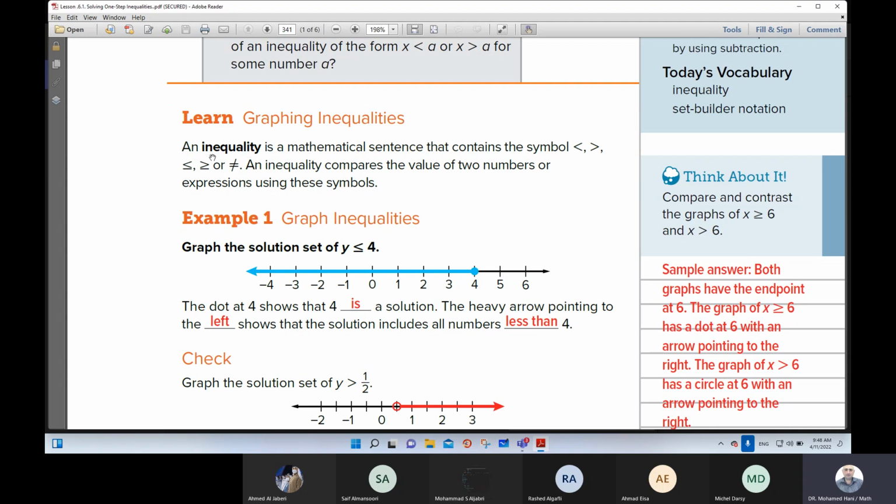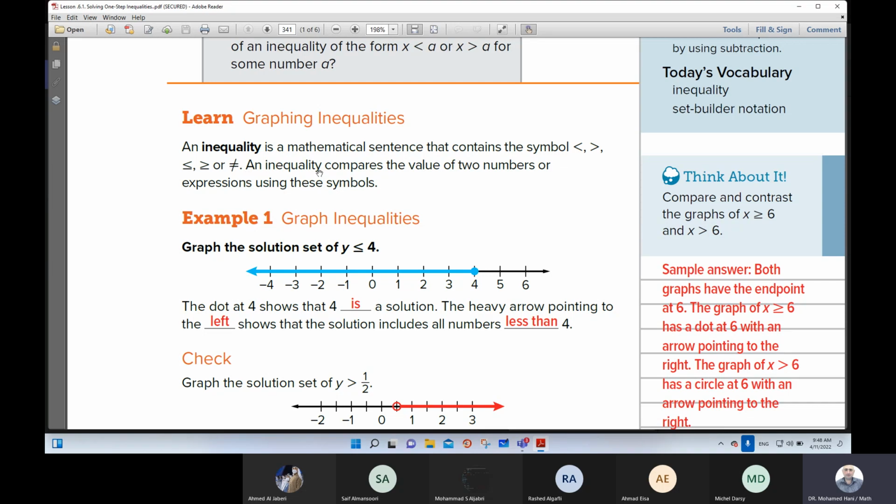What's the meaning of the inequality? An inequality is a mathematical sentence that contains the symbol less than, or greater than, or less than or equal, or greater than or equal, or doesn't equal.